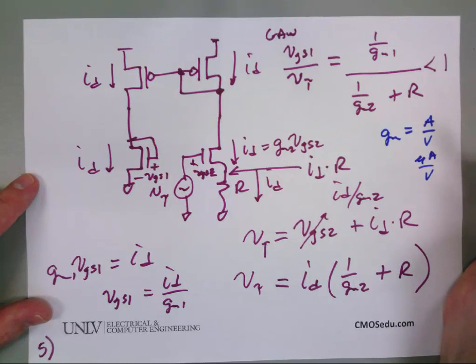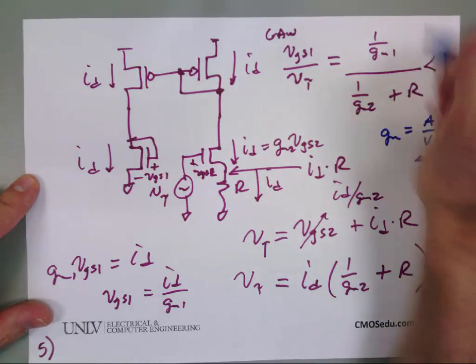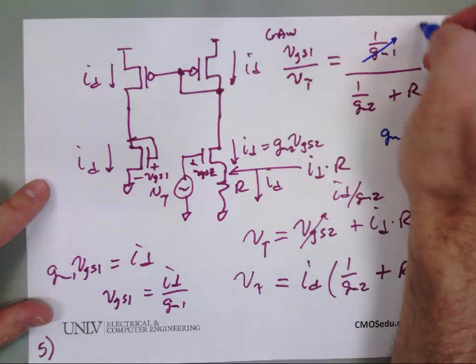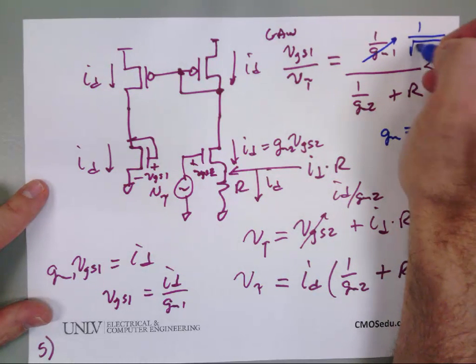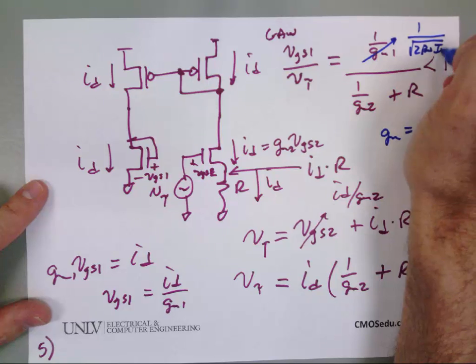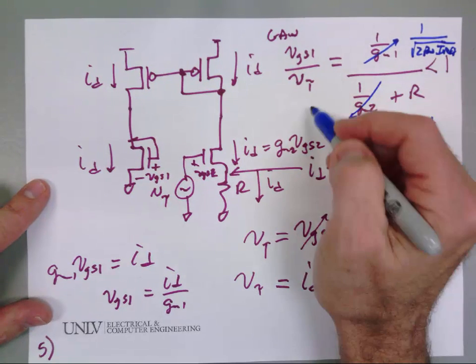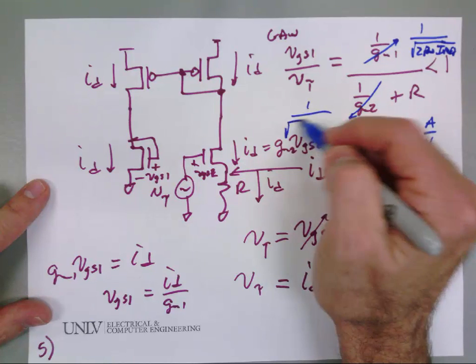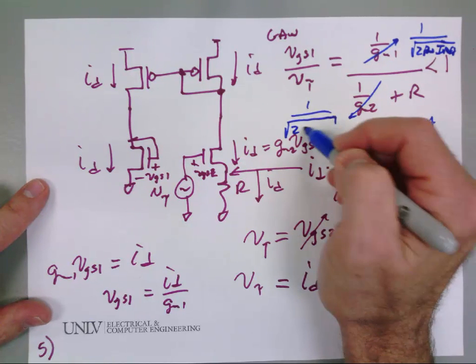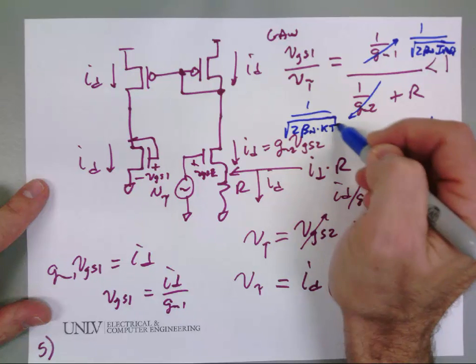Okay. So now I go and say, well, what is gm1? 1 over gm1 is 1 over the square root of 2 beta sub n I ref. And what is gm2? It's 1 over the square root of 2 beta sub n times k times I ref.